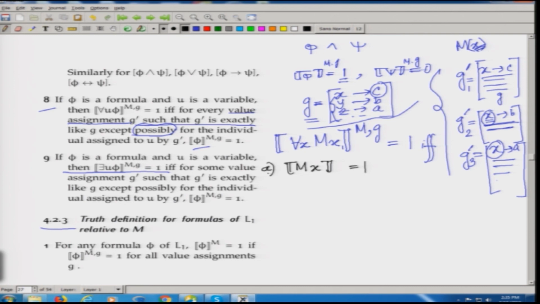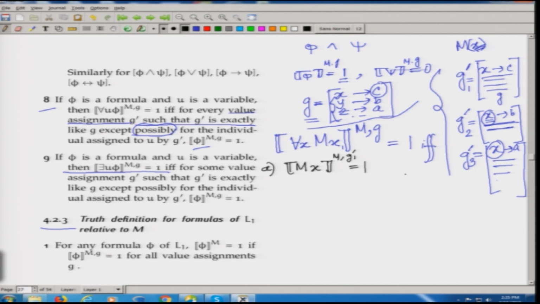So, we check all our cases. This is our first checking case. Our first variant is g prime 1, which is g itself. Now, you see, like g, it assigns c to x.